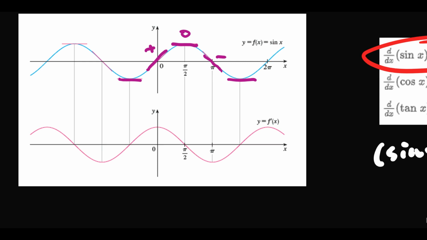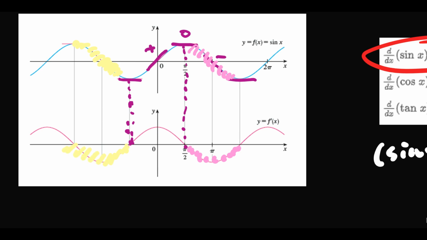Where the slopes are positive, the derivative graph is positive. Where the slope is negative, the graph is negative down there.